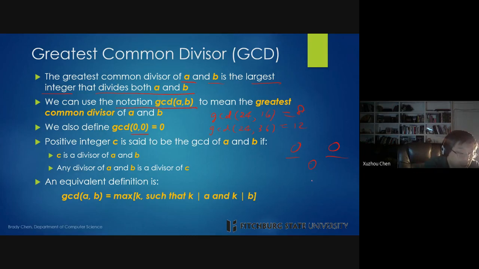Technically, any integer is a common divisor, because 5 can divide 0. If you divide 0 by 5, you get a quotient of 0, and 0 times 5 is 0. So 0 can be written as 5 times 0 plus 0. So 5 is a divisor of 0 because you can write 0 as 5 times 0.